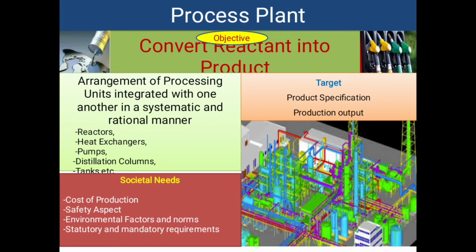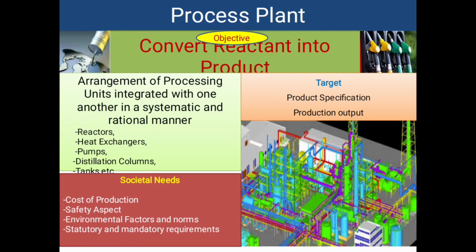First, we should know what all are the components of a process plant. A process plant is one in which a reactant is converted into a product. When you are feeding crude oil, you will get petrol, diesel, kerosene as the product. When you are feeding benzene and chlorine, you will get chlorobenzene. Like that, a reactant is converted into a product by utilizing some machines and materials.